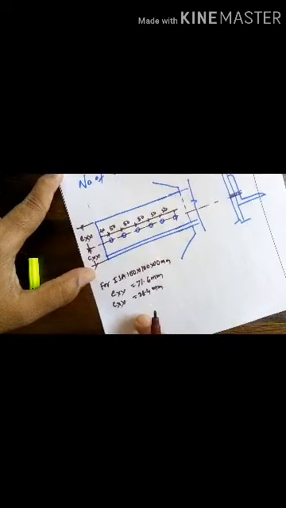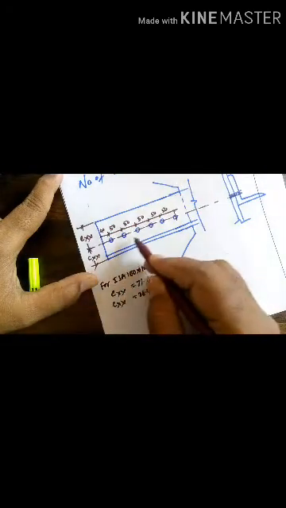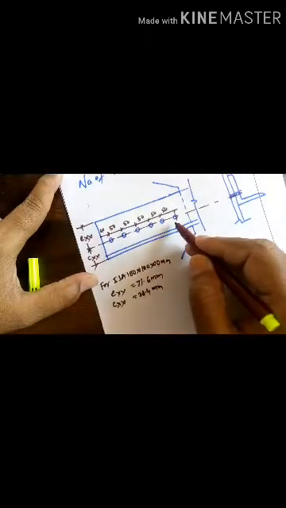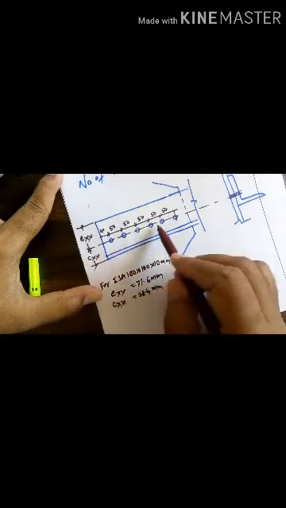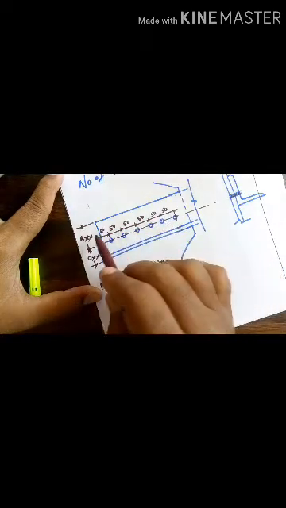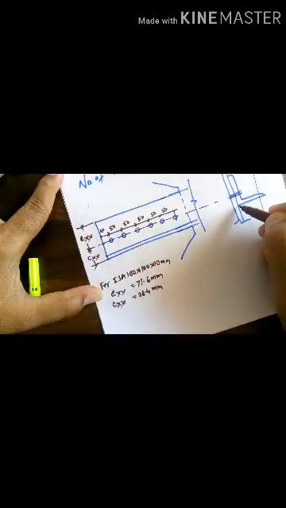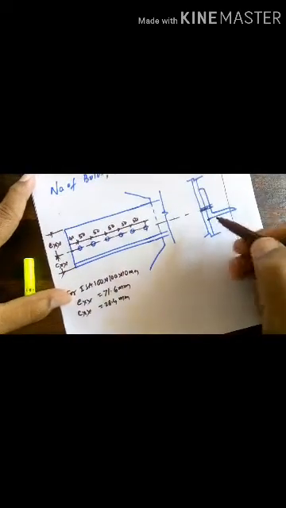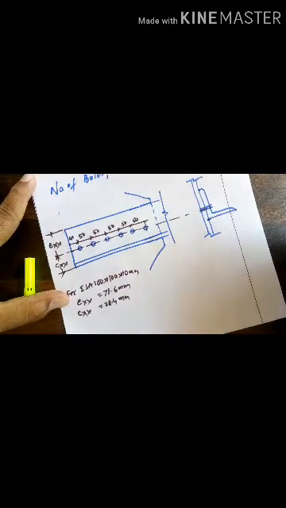Mark on this figure cxx and exx, which represent the centroid of the bolts as well as the distance of extreme fiber of the angle section. This is the heel section, and this is the toe section.